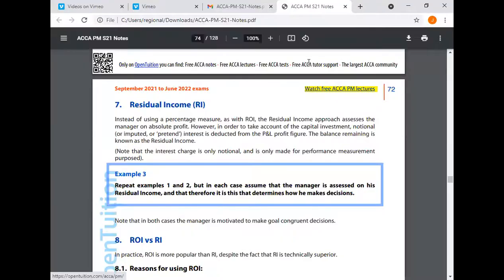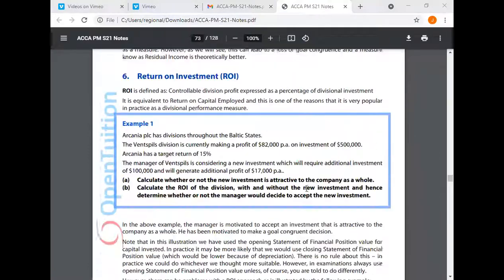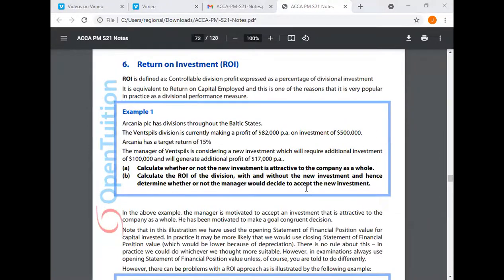So remember, the question is very clear. They've told us, in each case, assume that the manager is assessed on his residual income. We go to example number 1. Acacia PLC has divisions throughout the Baltic states.